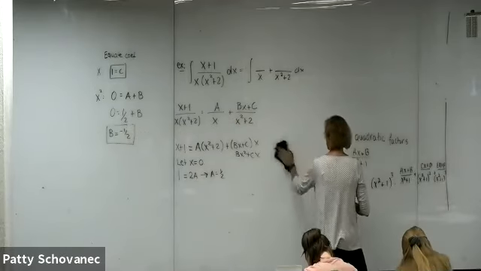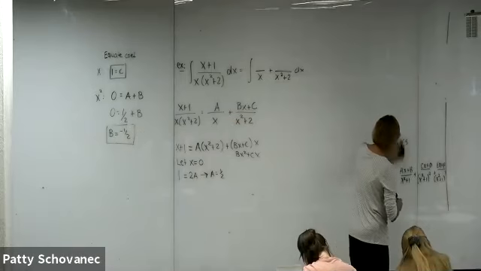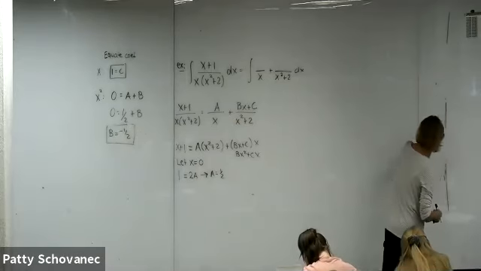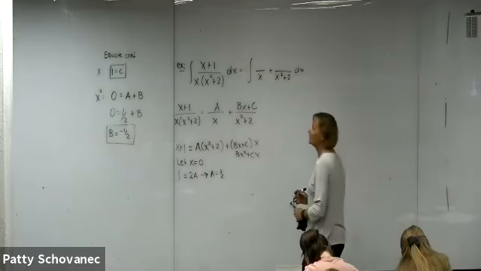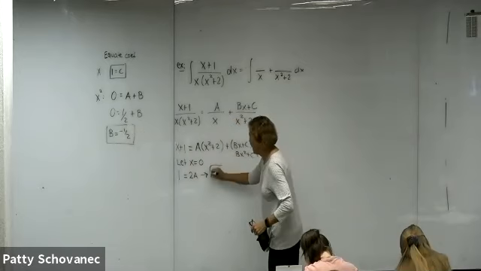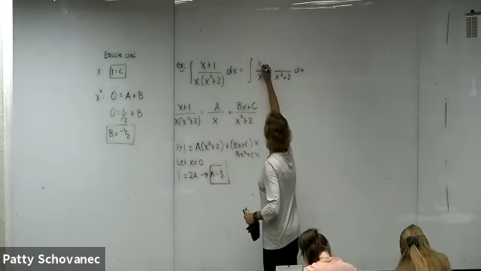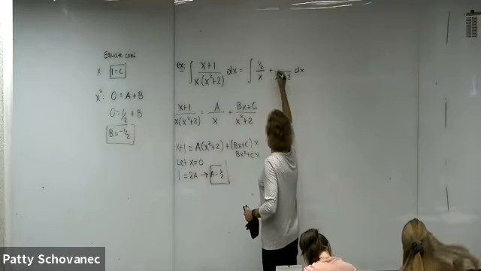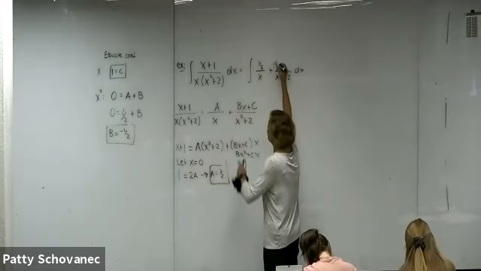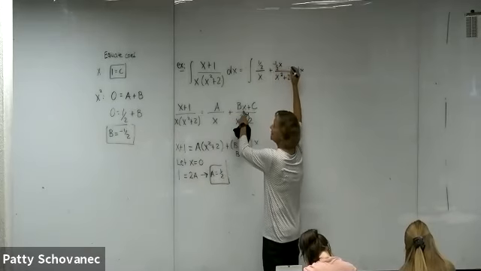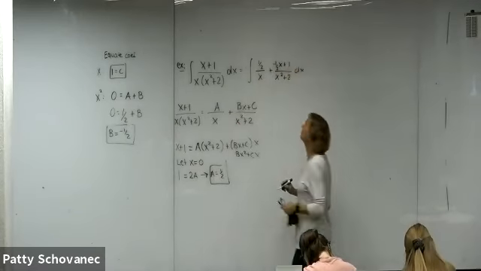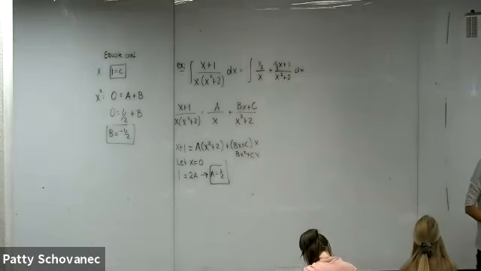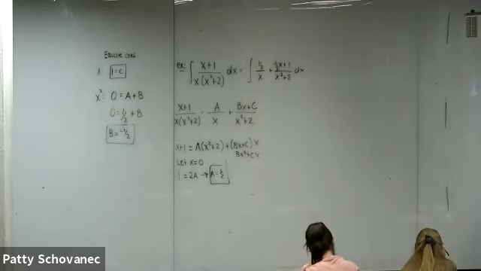All right, let's put those in that top equation where the a, b, and c were. See if we know how to integrate. A is 1/2. B is negative 1/2, and that goes with the x plus c. C is 1. Can anybody integrate what's left?